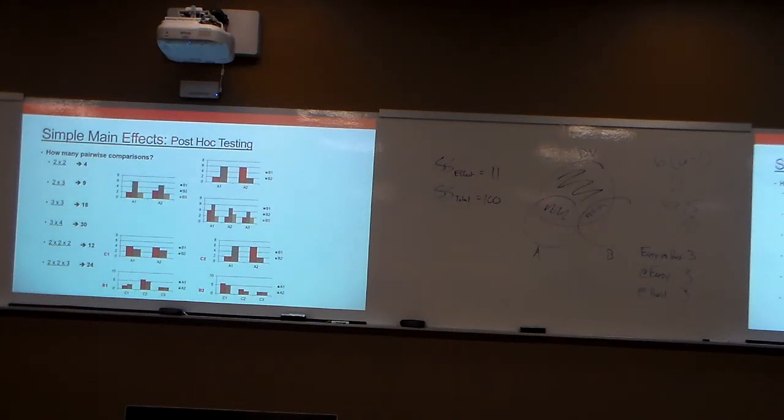Like times 7, right? This is what happens anytime I decide to go through and look at all possible pairwise comparisons. It starts to get a huge, massive number of comparisons. The correction that I need to apply to that starts to get massive.